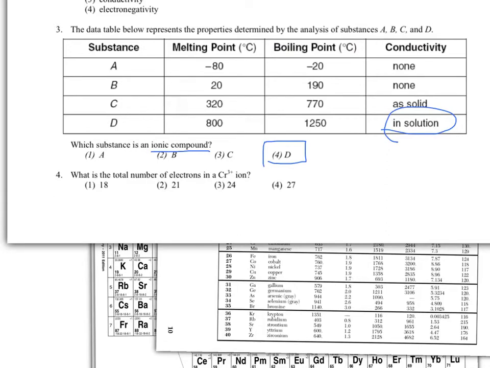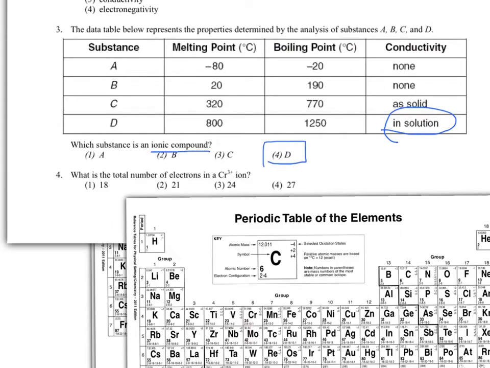Question number 4 asks about a chromium +3 ion. To examine this question, we need to look at the reference table. So chromium is element number 24. If we add together the numbers in the electron configuration, we see that a chromium atom normally has 24 electrons.